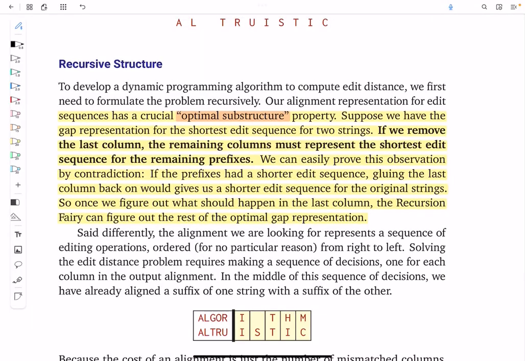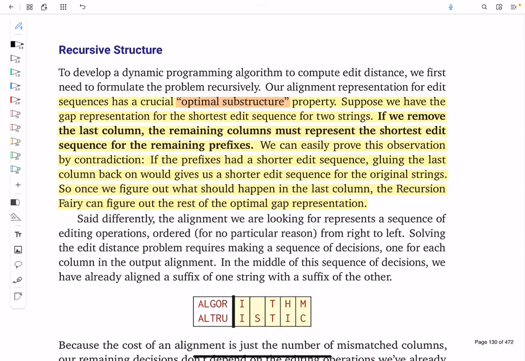And again, we're looking at optimal substructure here. So the idea is if we already decided in advance some of the insertions and deletions, so here we've already decided some operations in advance, and now we're in the middle of the process.